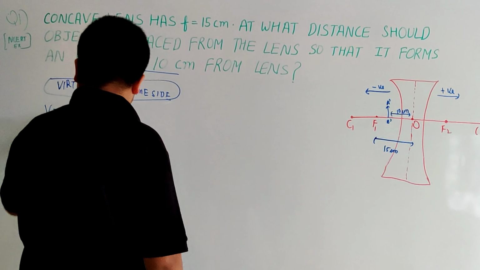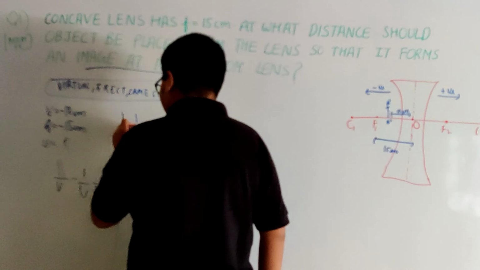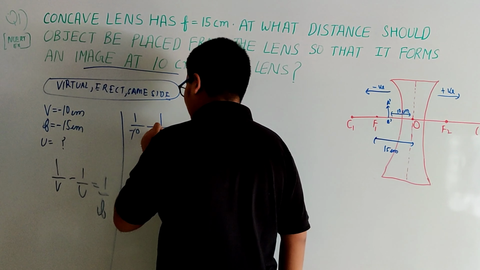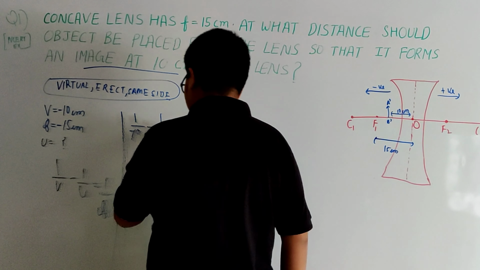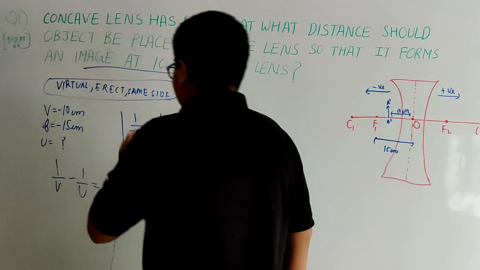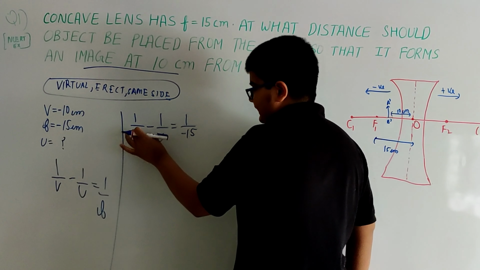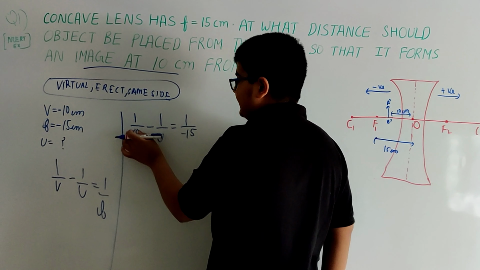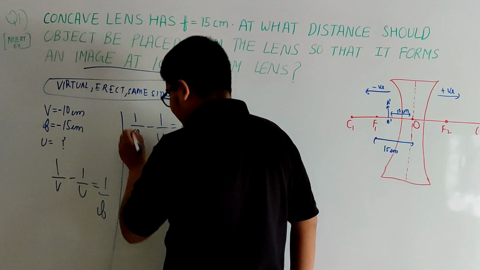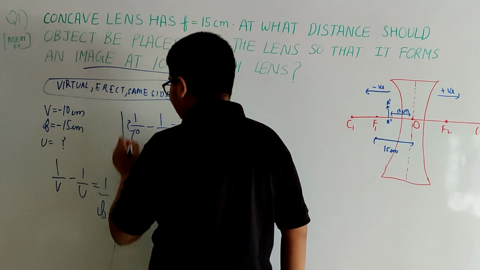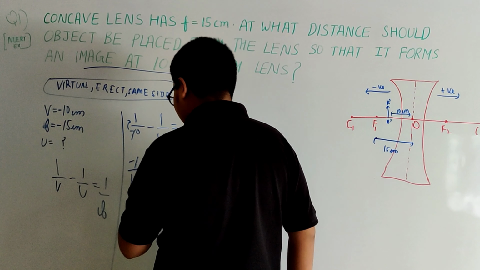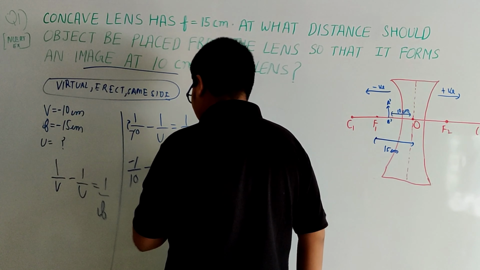So we will get 1 upon minus 10 minus 1 upon u is equal to 1 upon minus 15. Now you know that if the minus sign is in the denominator, then we can also take it to the numerator. So we can take this minus sign of the denominator to the numerator. It will become minus 1 upon 10 minus 1 upon u is equal to minus 1 upon 15.